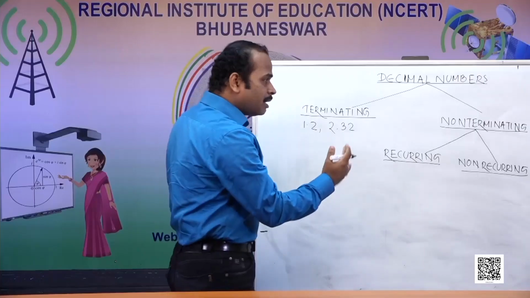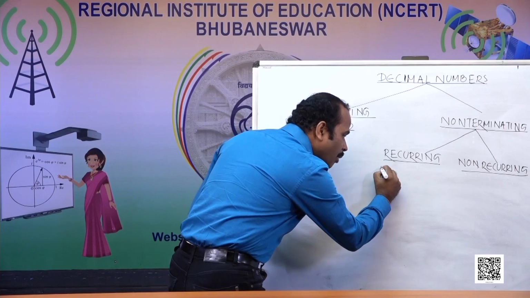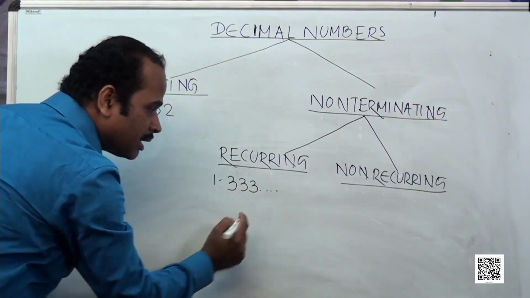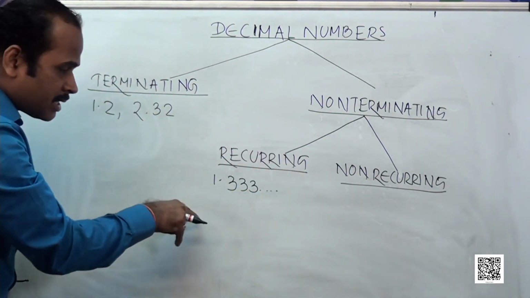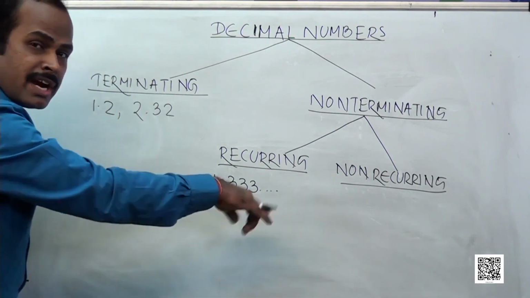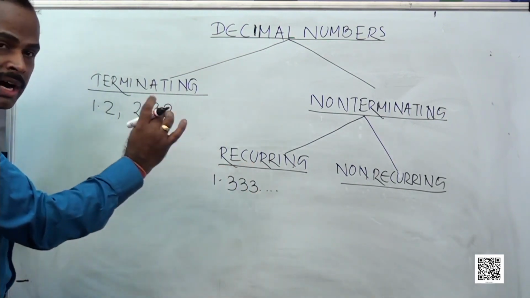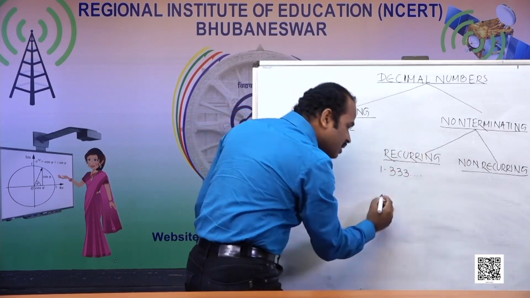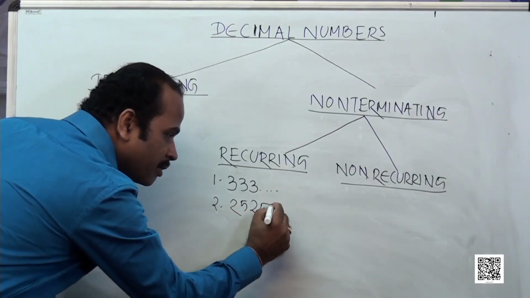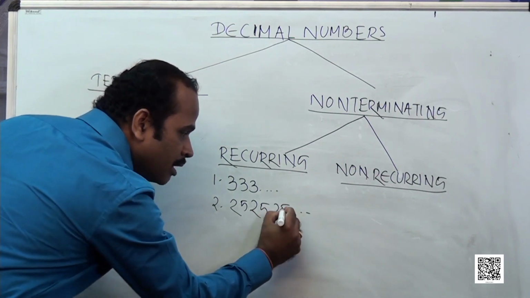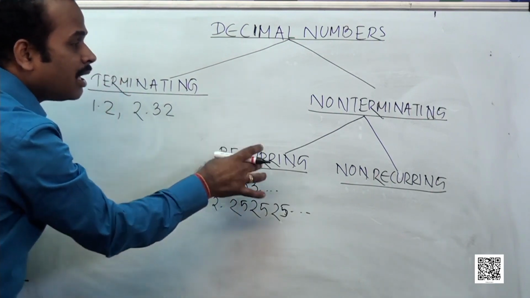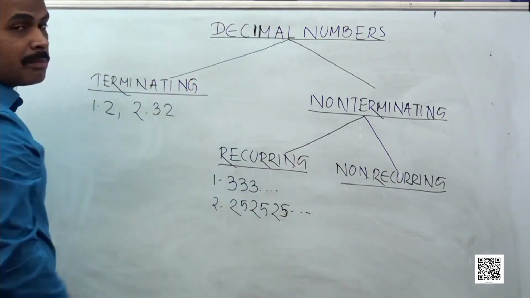What are recurring decimal numbers? If I write 1.333 and so on, the 3 is continuing, so it is a recurring number. It extends indefinitely, but one digit is repeating. Another example is 2.25 and so on, where 25 continues. These are recurring non-terminating decimal numbers.